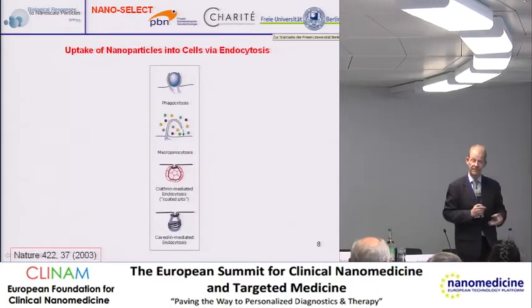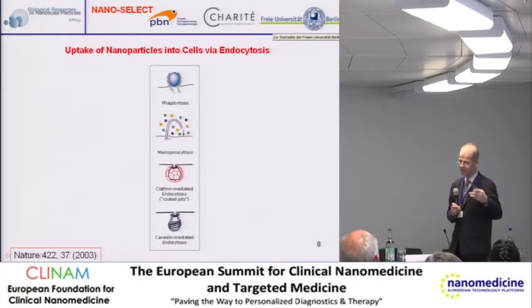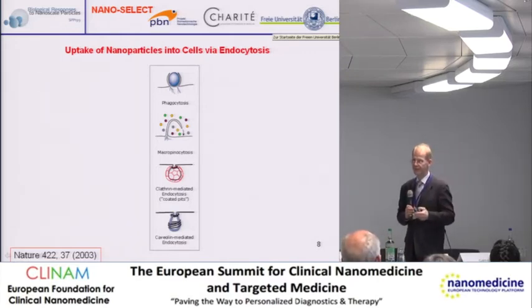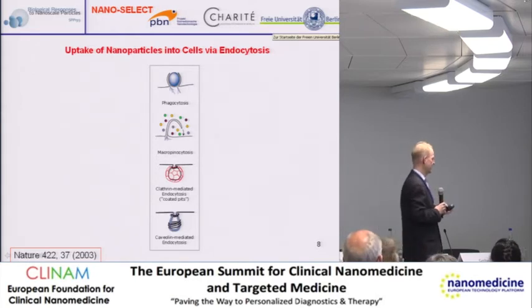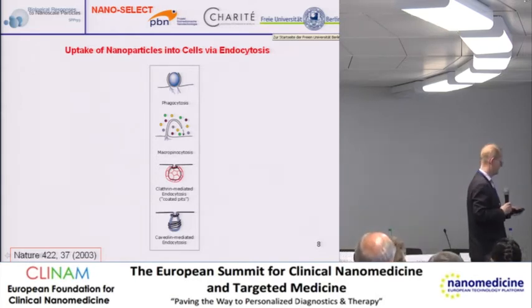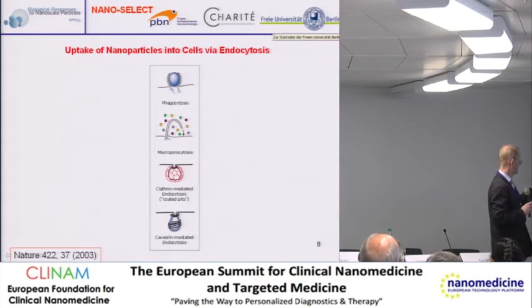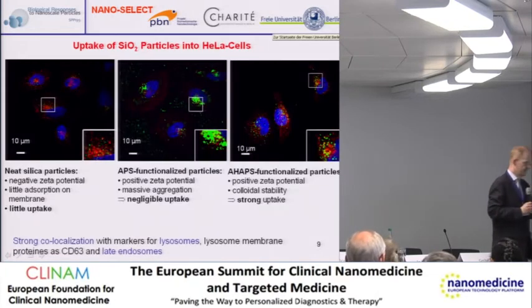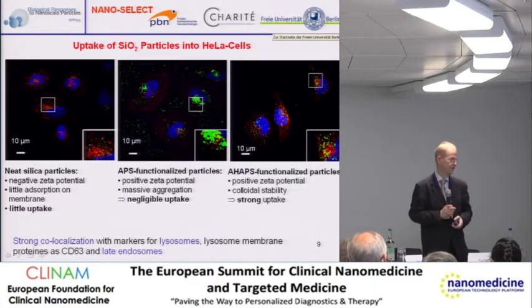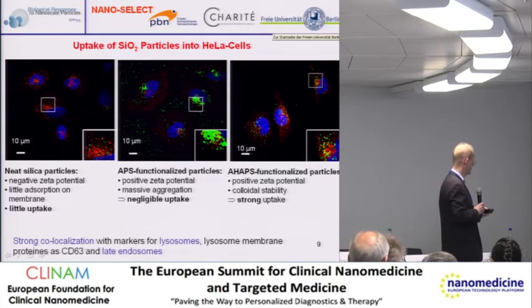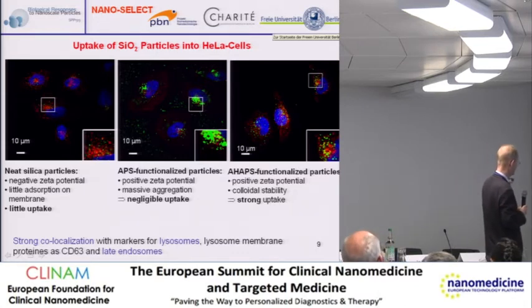The next step is, once we know about the particles, their physicochemical properties, their protein adsorption behavior, what are their uptake mechanisms into cells? So we look at the endocytosis pathways, and here you see spinning disk fluorescence microscopy images on these different silica particles, either neat particles where we see very little uptake.